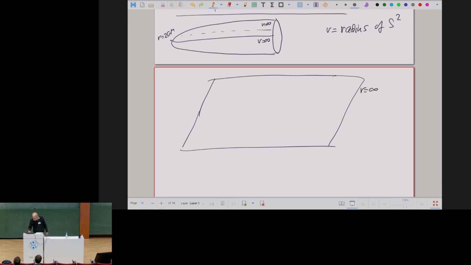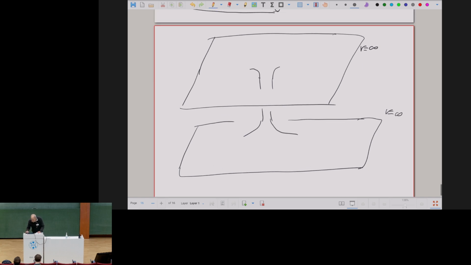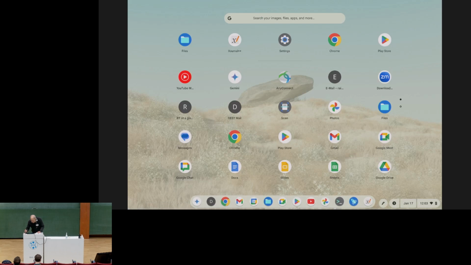At infinity it's flat. But then when you come inward, the size approaches a constant. And then it blows up again, which I'll draw by drawing another sheet, where R is infinity out here. So this is another picture where I'm showing S.